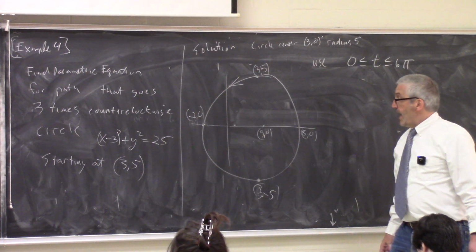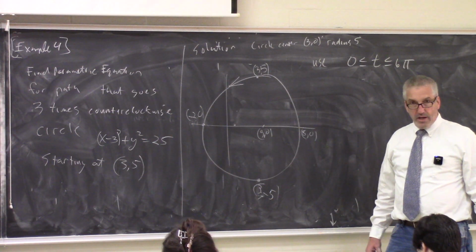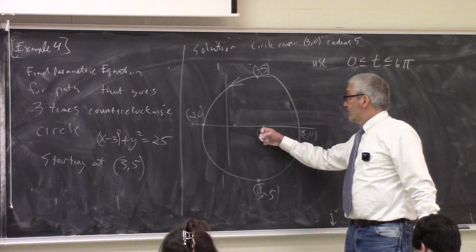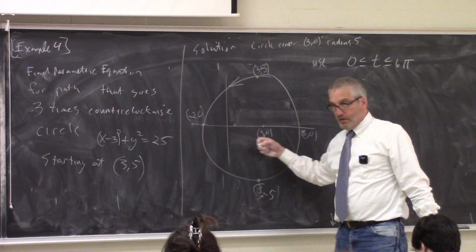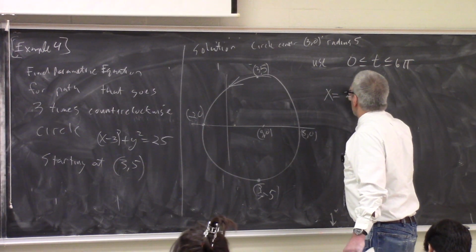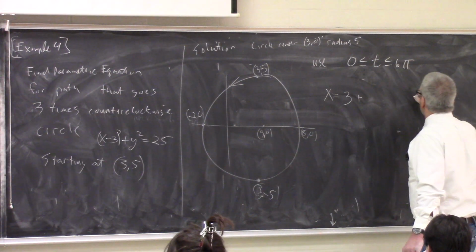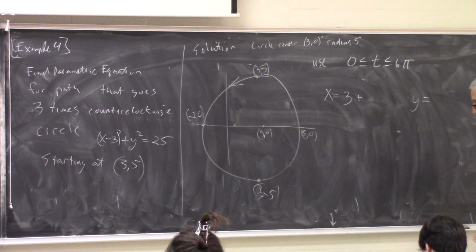But for x, we want the fluctuations to be up and down by 5 around x equals 3. So 3 plus 5, 3 minus 5. We want that to be the fluctuations. So let's use x equals 3 plus something or other. And let's use y equals, well, we want a sine or a cosine multiplied by 5.